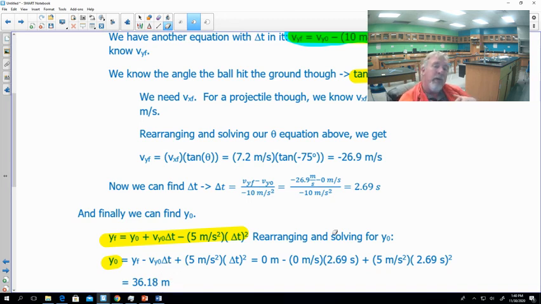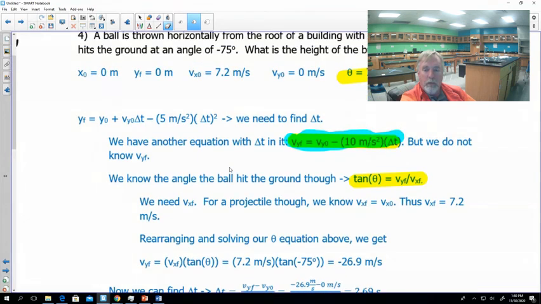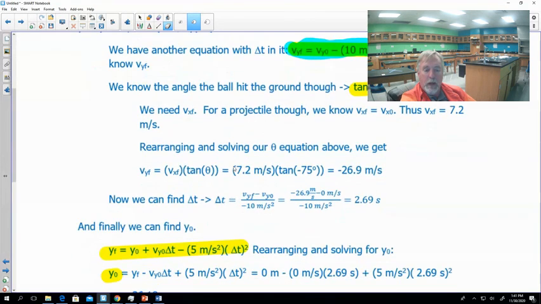So even though these problems have several steps, I want you guys to see that they're not that difficult. We just step through them. And oftentimes there's a step where we need to get some time information, from our tan theta equation, or by looking at how far we fell.